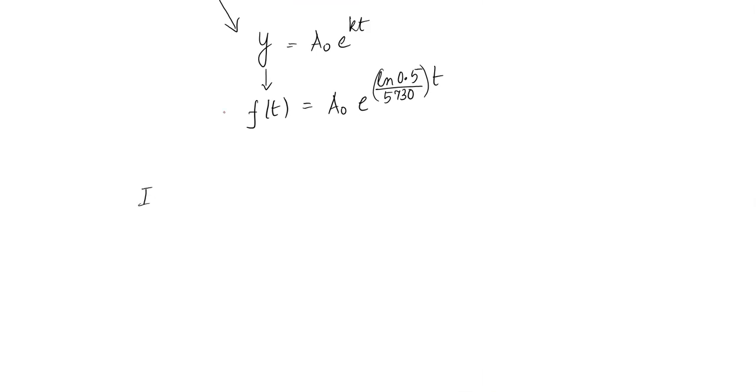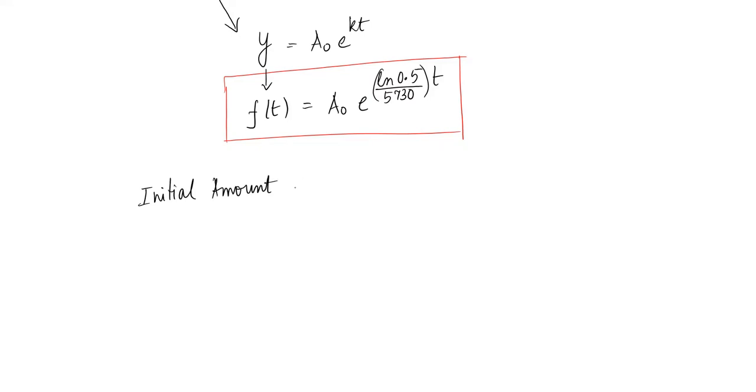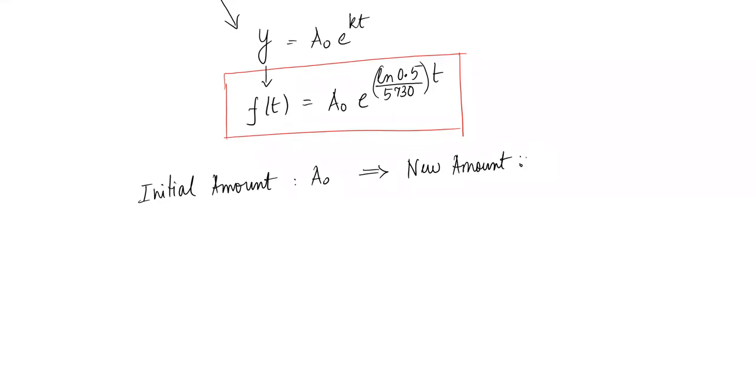Let me just box this so that we'll use that in this upcoming part. Initial amount is A naught. This implies the new amount, or new population, is 40% of this. So it's 0.4 A naught, 40% of the initial population.